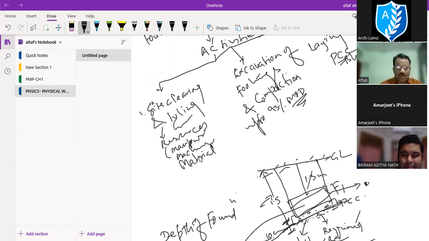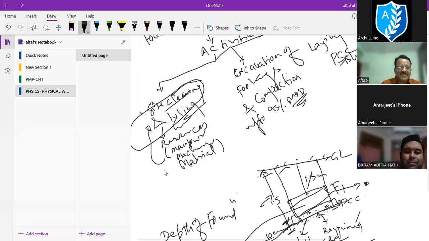So manpower, machinery, materials are all called resources, and these resources are applied to site clearing and leveling work. That is why it is called an activity, because it consumes resources for its completion. Money also you can add, because all this manpower, machinery, material needs money, and you need extra money for lots of things. So you can add money as one of the resources.